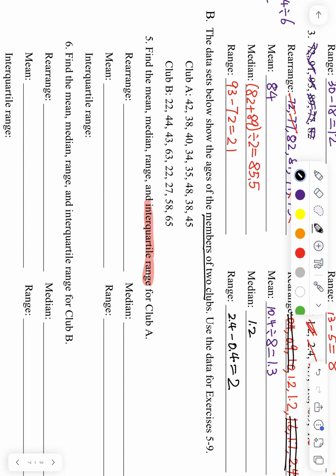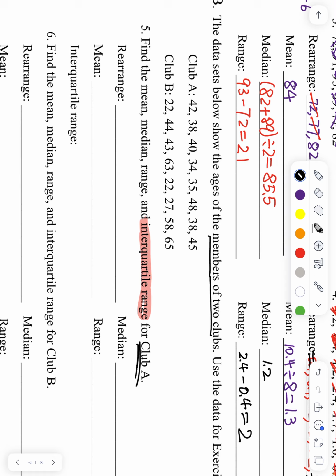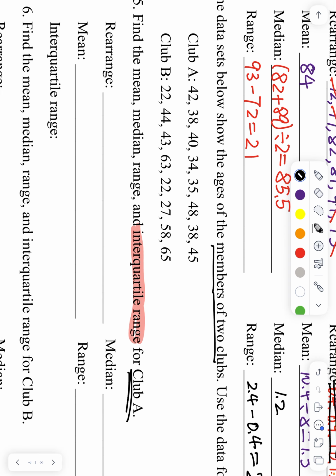So Club A, we need to rearrange them from the smallest to biggest, right? Let's check which one is the smallest number. 34 is the smallest. So 34. What's next? 35. And the next one, 38.